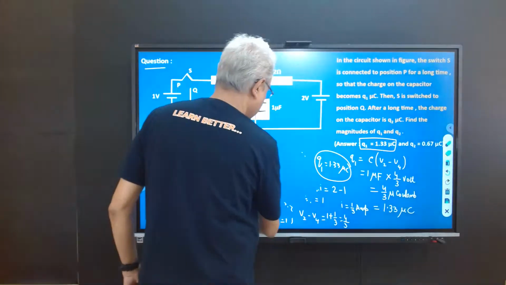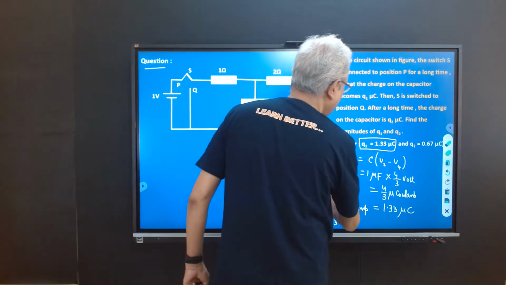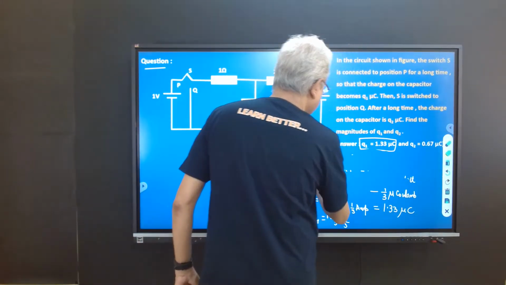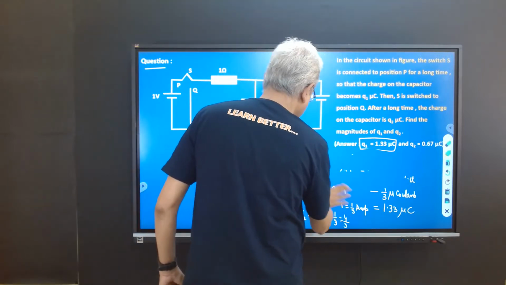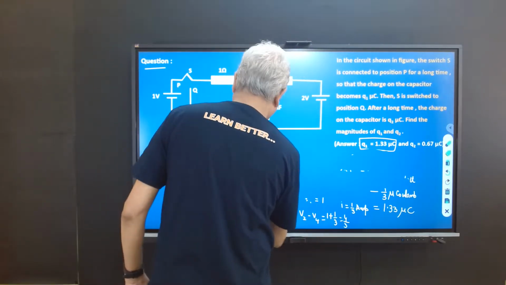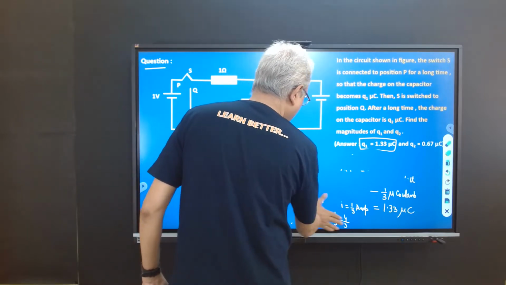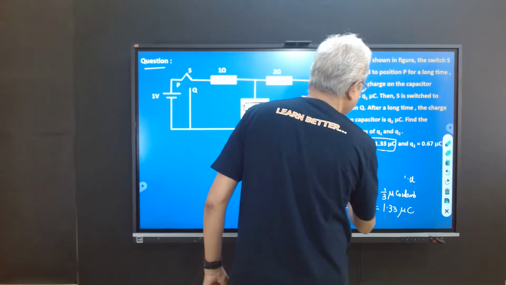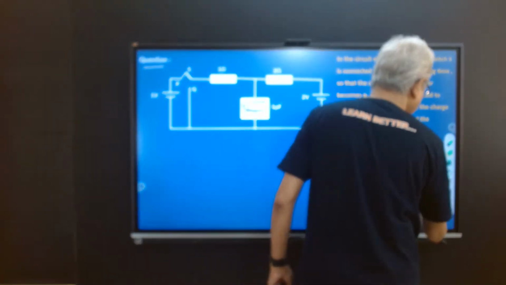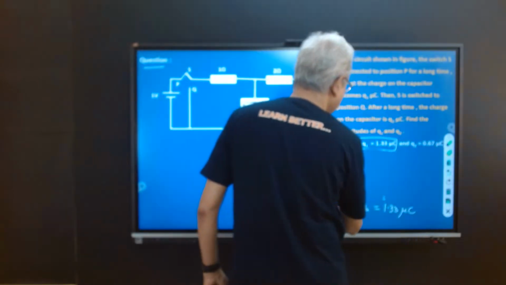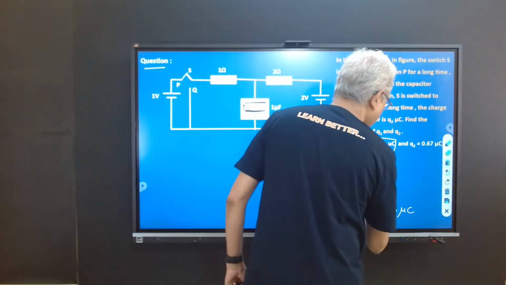Here, how do I do it? Same thing, but you have to redraw the circuit in the present configuration. That means the switch is kept in position Q, so the 1 volt battery is not coming into the picture as far as the electrical circuit is concerned. Let us redraw the circuit. In this case, what happens?